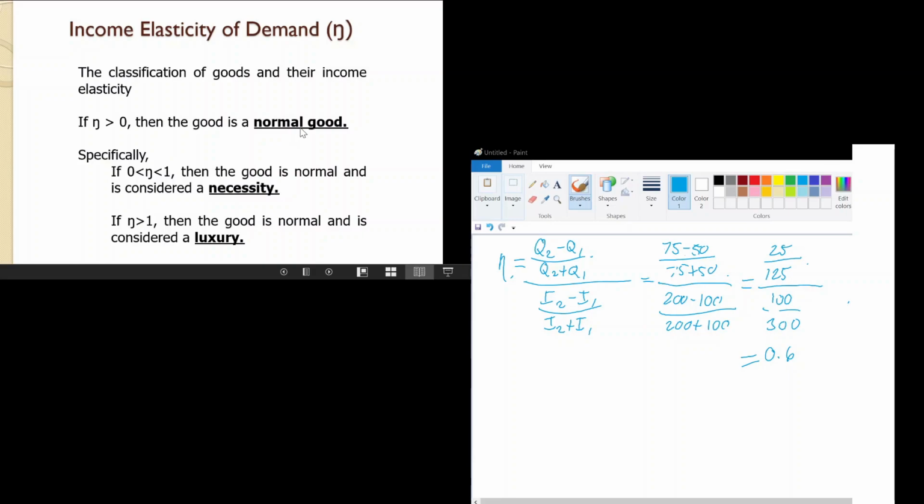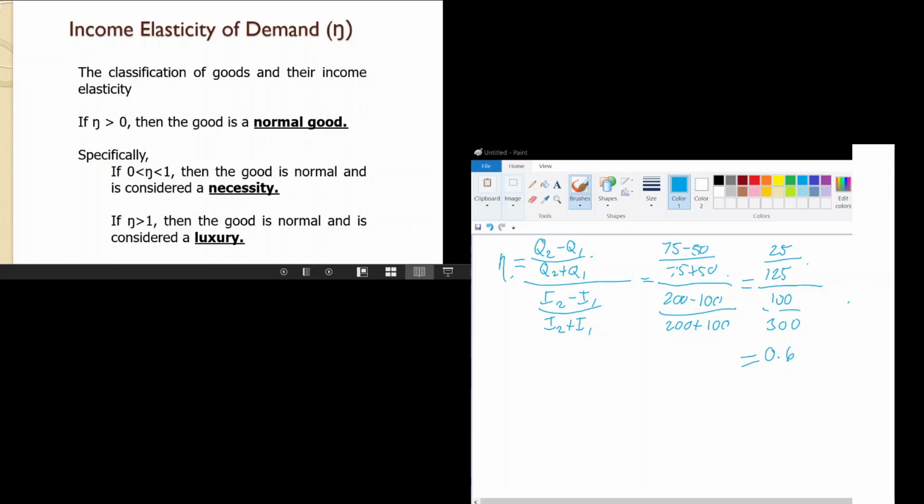So if it is normal good, we then need to classify it if it is a necessity or it is a luxury. So if the value is greater than 0 but less than 1, so ibig sabihin yung mga 0.5, 0.05, 0.1, yung mga yun, then the good is normal and considered as necessity. But if the computed value is greater than 1, then the good is normal and is considered luxury.